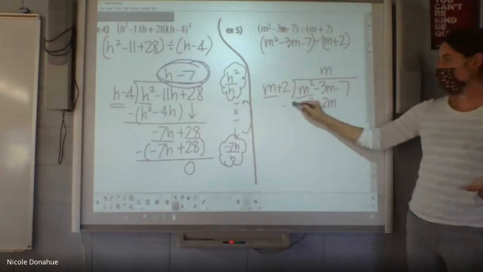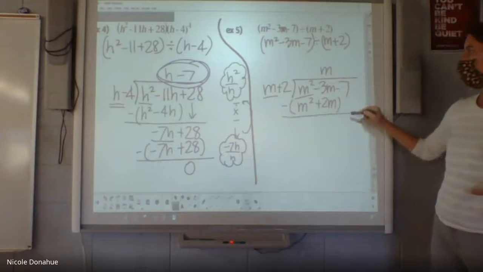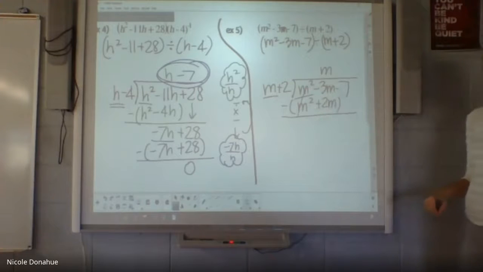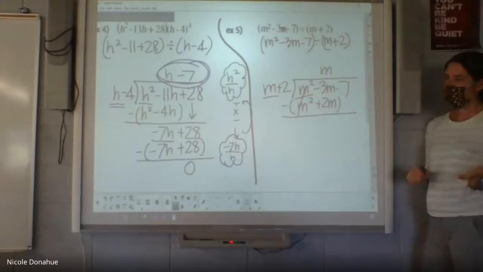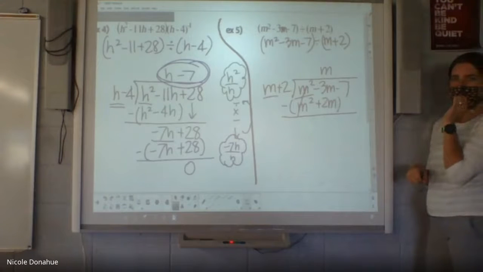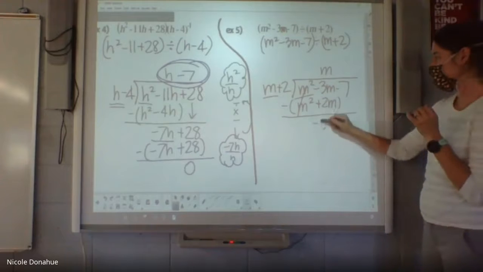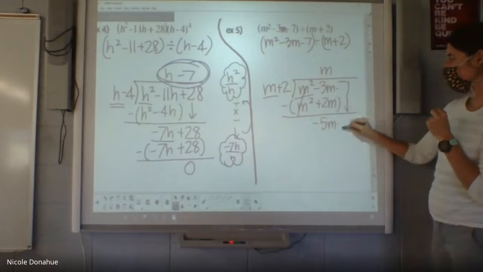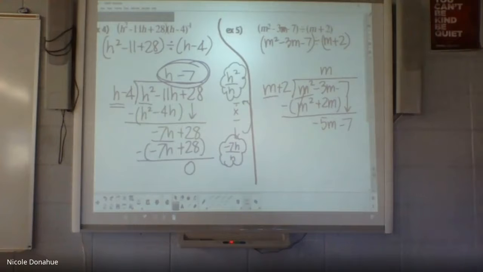Don't forget you have to subtract. So negative 3 minus 2 is going to be negative 5m. Drop down.